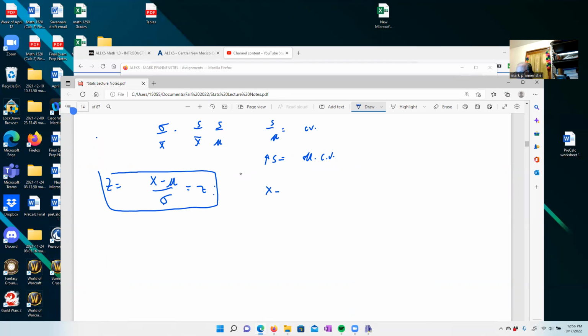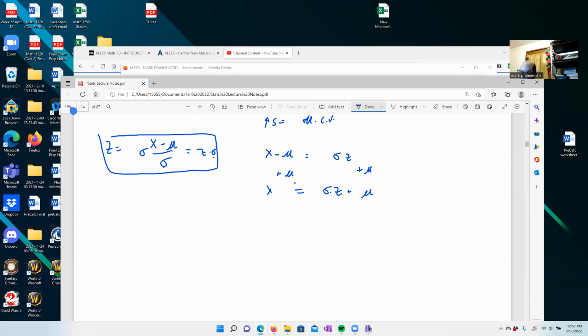So we have x minus mu is equal to, multiply both sides by sigma, sigma z, and then add mu to both sides. So we have x equals sigma z plus mu. You can say z sigma, it doesn't matter which way you do it.